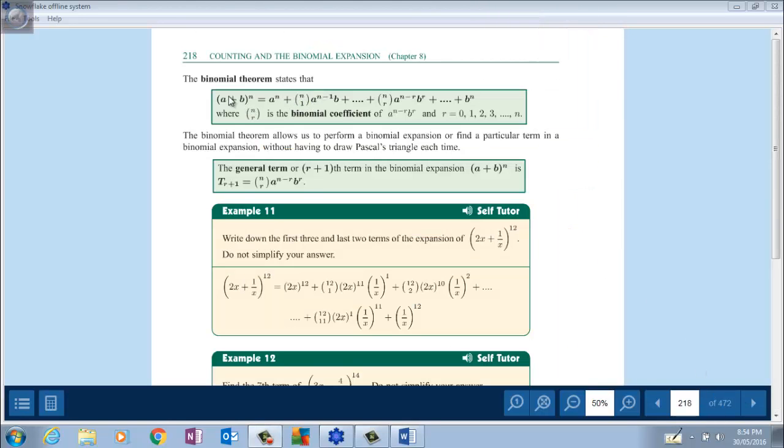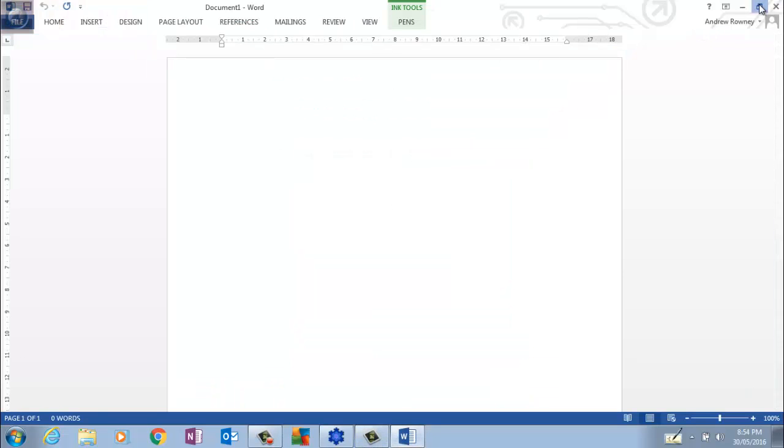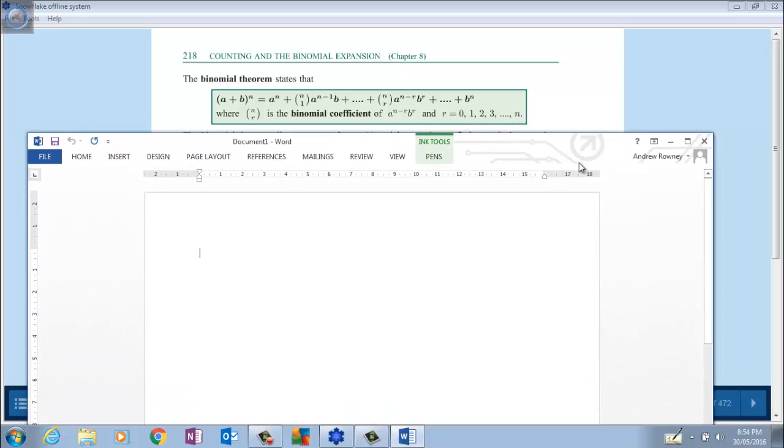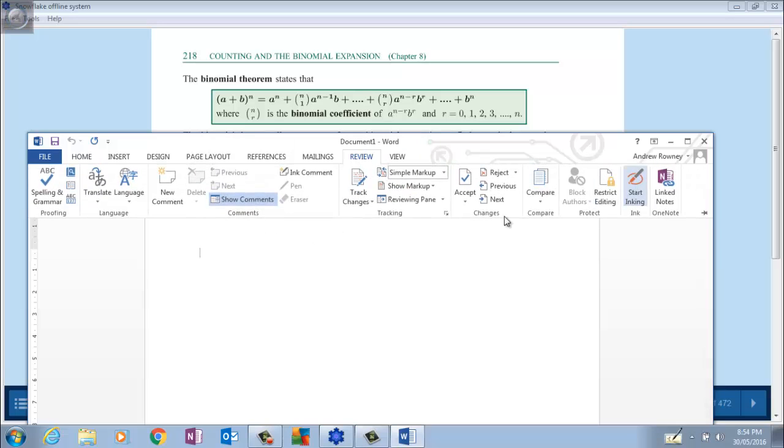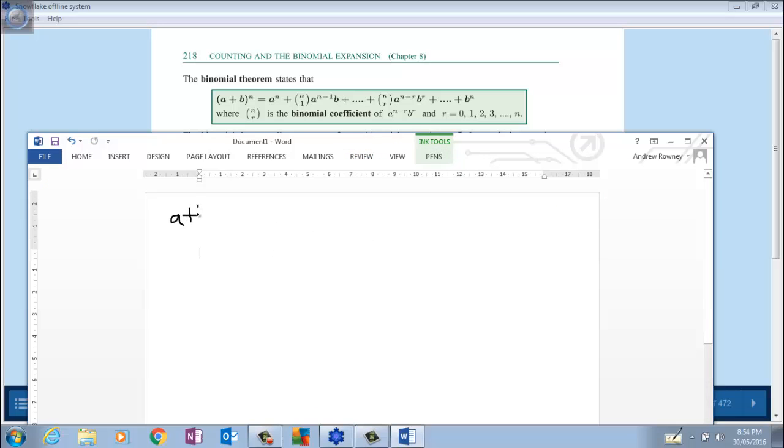And here's the formula for (a plus b) to the n. To see that formula, let's look at it for all the cases to spot a pattern. So firstly, if we had n is 1, it would be (a plus b) to the 1 equals a to the 1 plus, and we've got C01, which is 1, plus, and then we start bringing the a down, which is a to the 0.